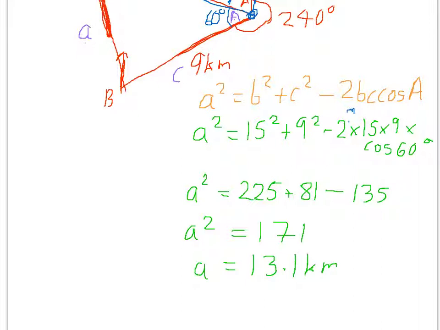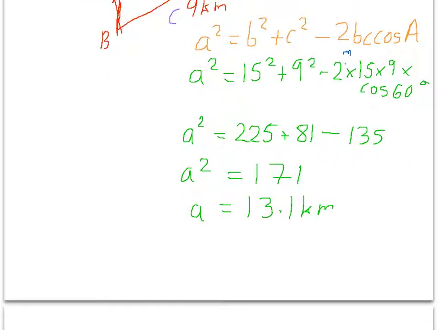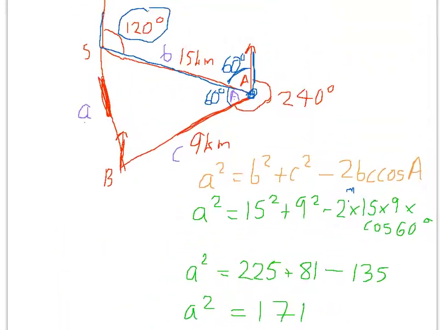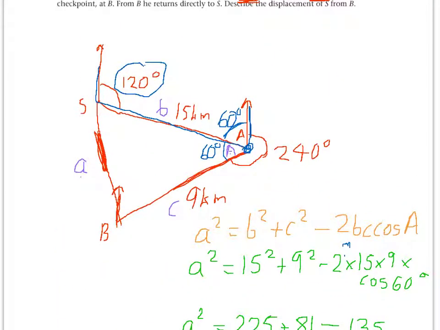Now that is what it's asked us to do in the question, but I suggested we also find the bearing of B from S. So that means if we look at our diagram, we're going to try and find this bearing. Now to do that, we already know that this top bit is 120 degrees, so we want to find the bit inside the triangle. Now, to do that, instead of using the cosine rule, we're now going to use the sine rule.